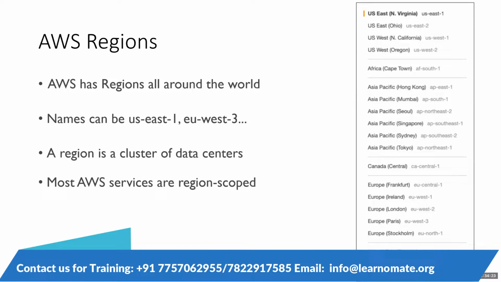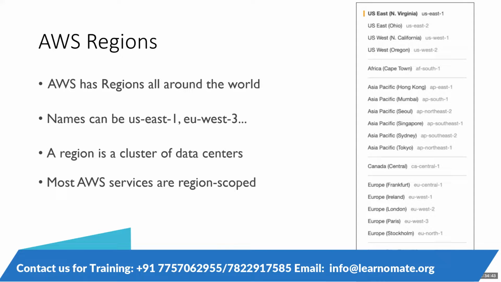A region is nothing but a cluster of data centers. A region can have a minimum of two data centers or two availability zones, I would say, and a maximum of six availability zones. Most of the services, I cannot say all, are region scoped.